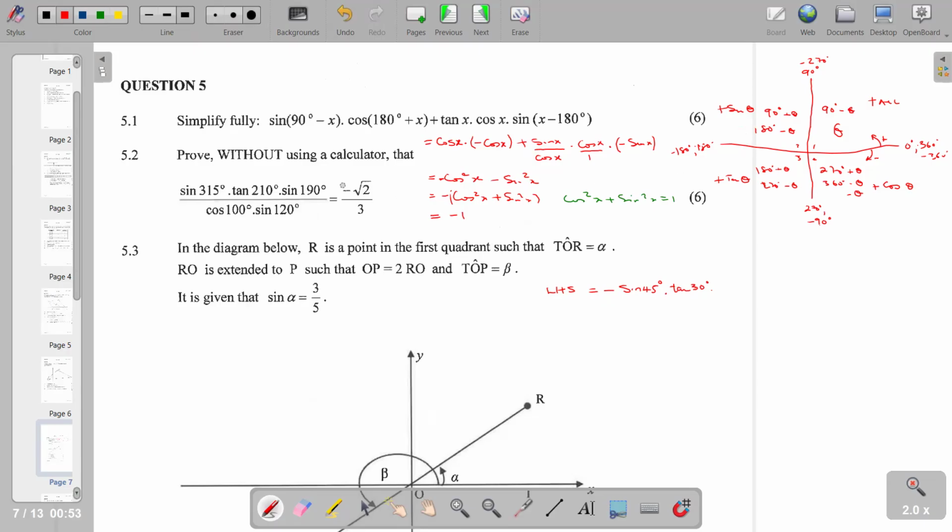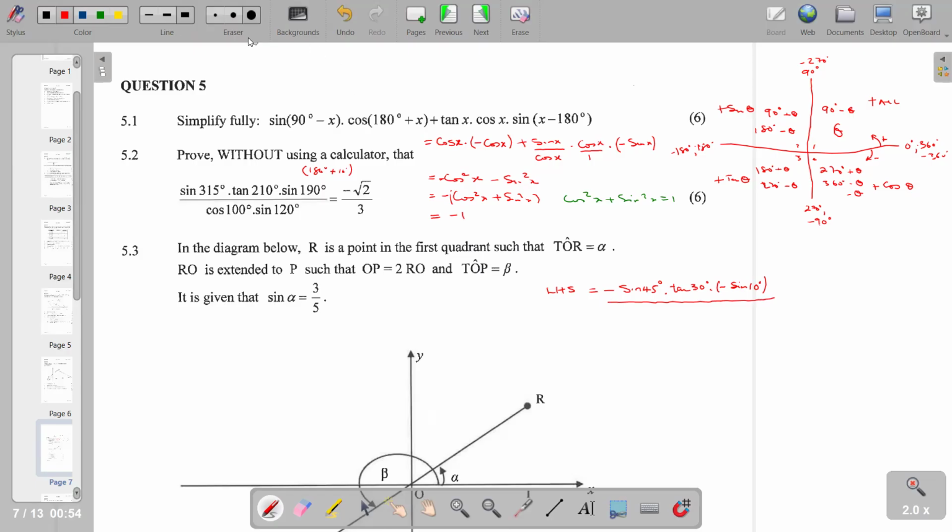Third quadrant is 180 plus. So to get 190, it's gonna be 180 degrees plus 10 degrees. And sine in the third quadrant, it's negative. So it's gonna be multiply here. It's gonna be negative sine 10 degrees all over.